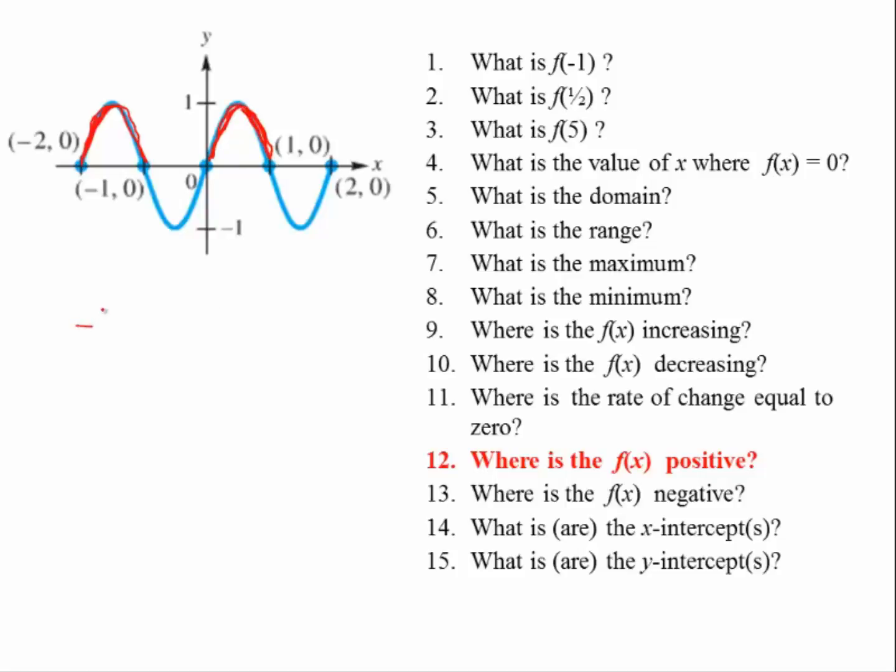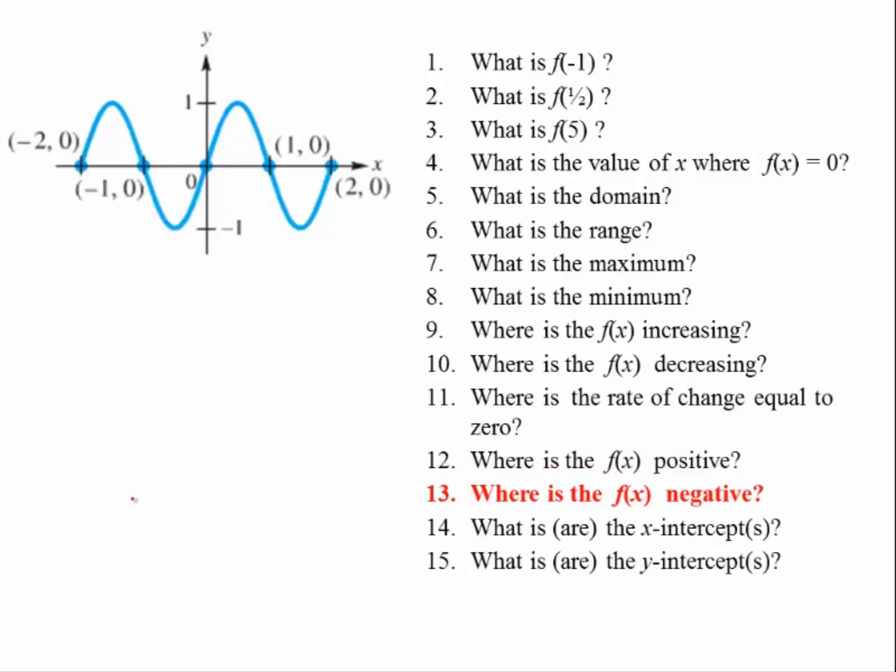This is from -2 to -1, and we have from 0 to +1. Set notation: parentheses, -2, comma, -1, and from 0 to 1.